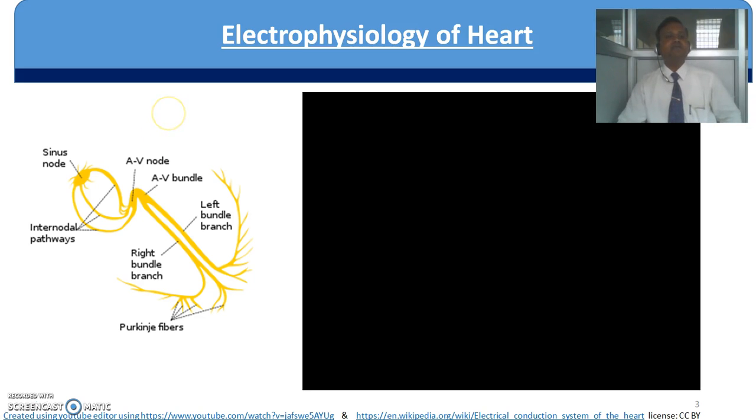Refractory period is that period in which a cardiac muscle cell does not respond to any external stimulus. If you stimulate the heart electrically when its ventricles are contracted, the heart does not respond to such an external stimulus during the period of ventricular contraction. This period is called the refractory period.